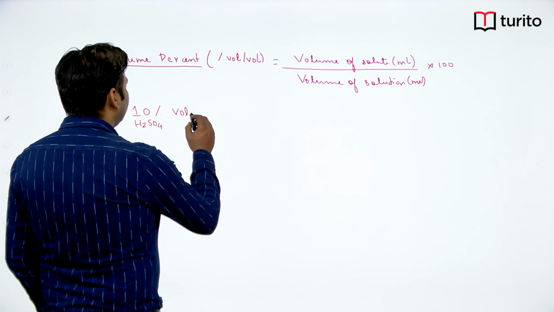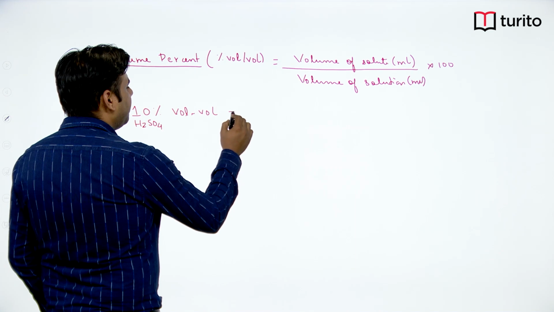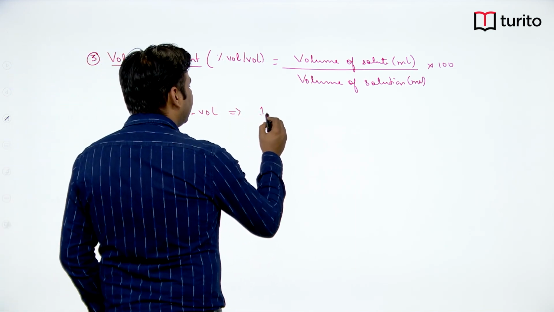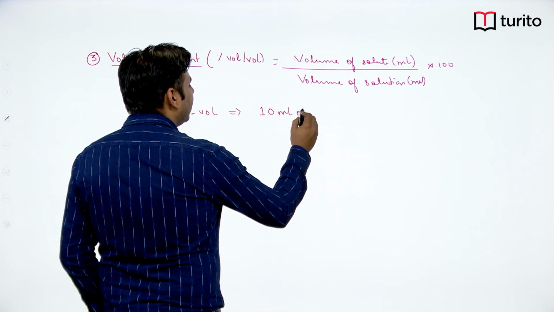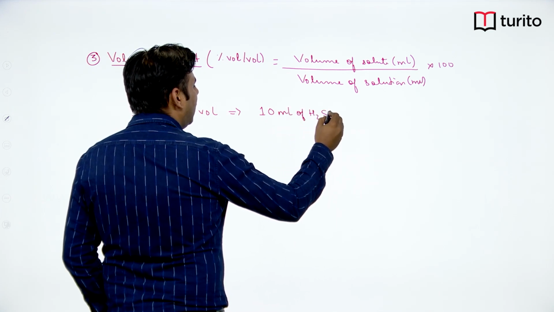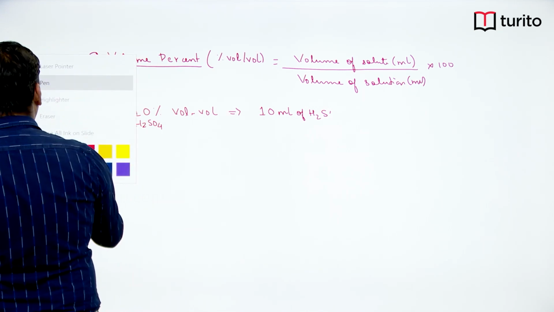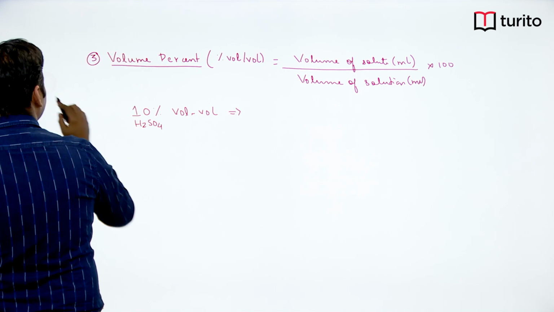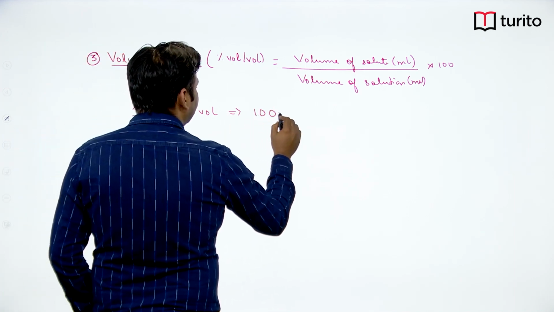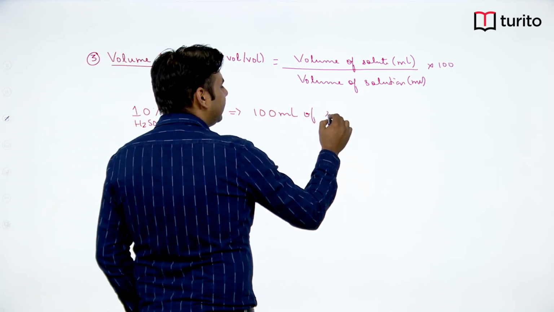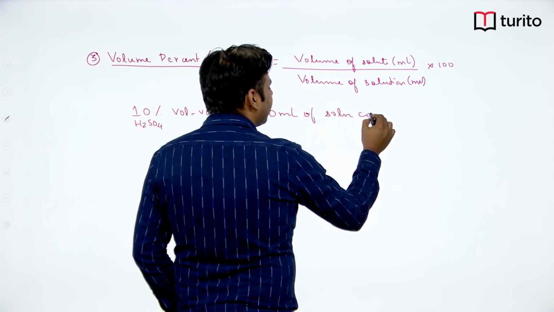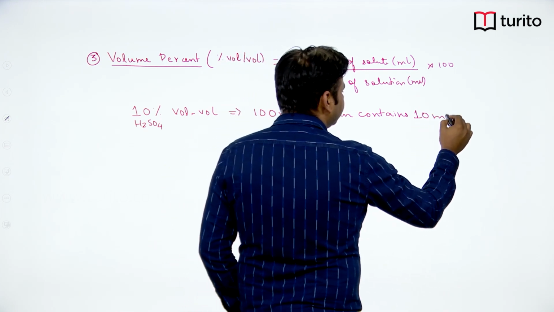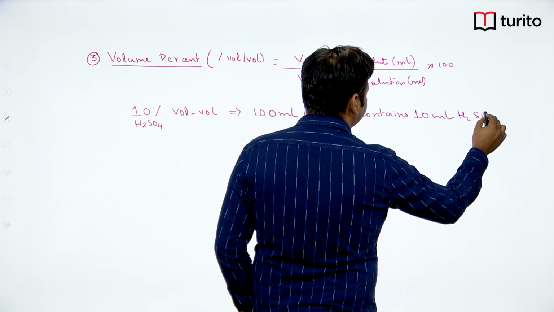So 10% volume of H2SO4 means that 10 ml of H2SO4, or we can write this as 100 ml of solution contains 10 ml of H2SO4. Okay, I hope this is clear to everyone.